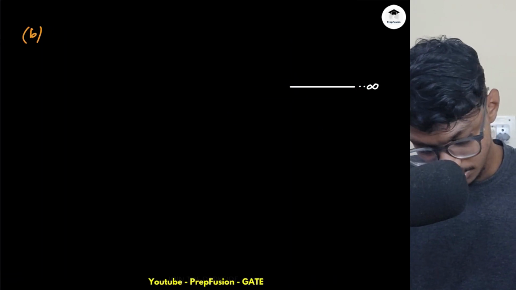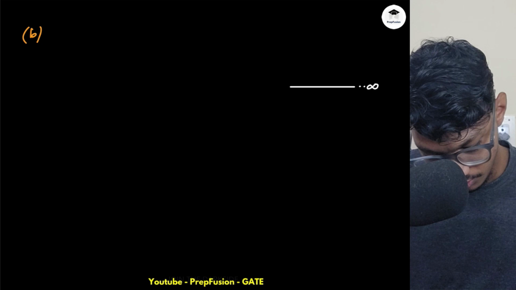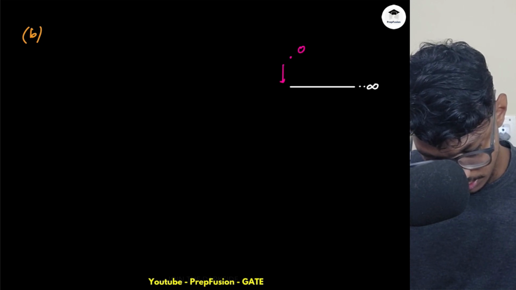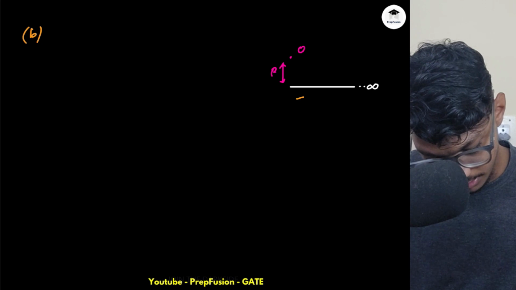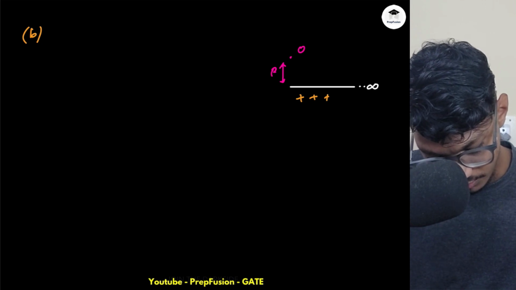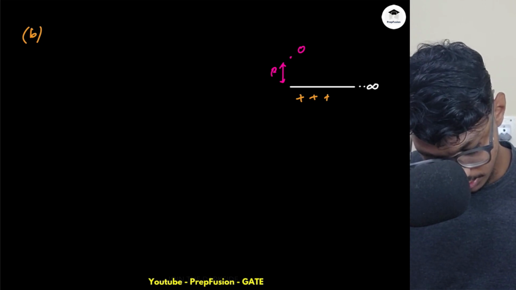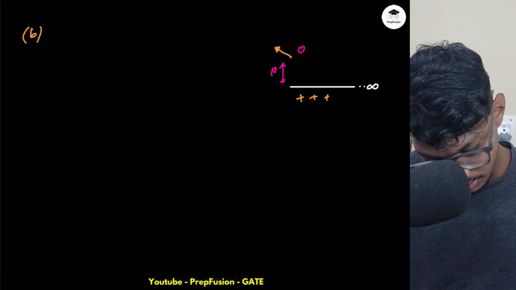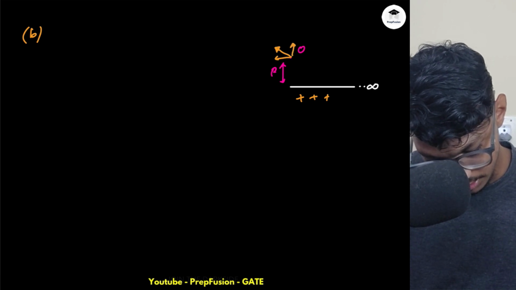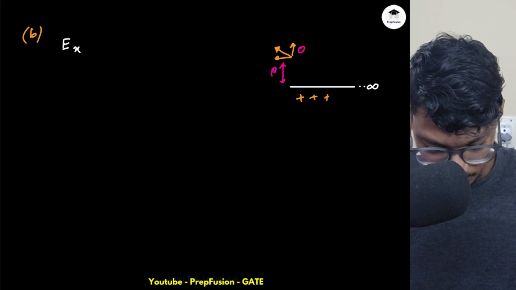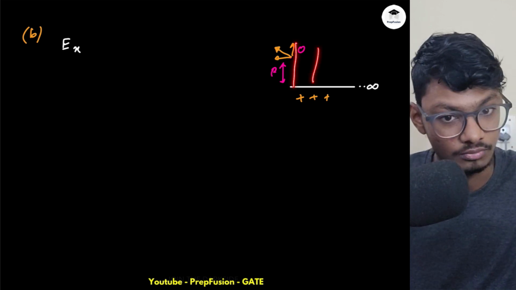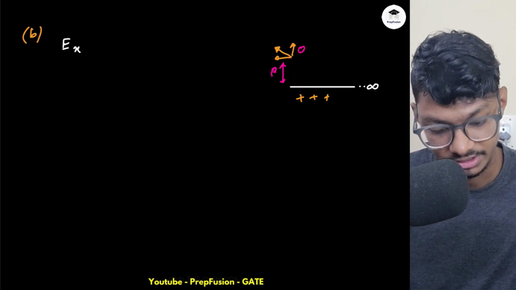Directions will be same. So here is my point O, and this distance is R. This is plus plus plus, so the electric field will be like this. Some will be in this direction, some will be in this direction, correct? So again the perpendicular component is the ay cap direction, not the ax cap direction.